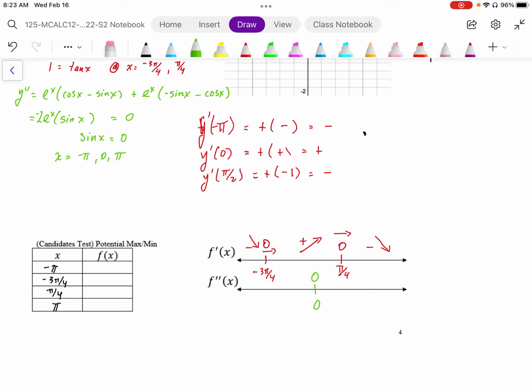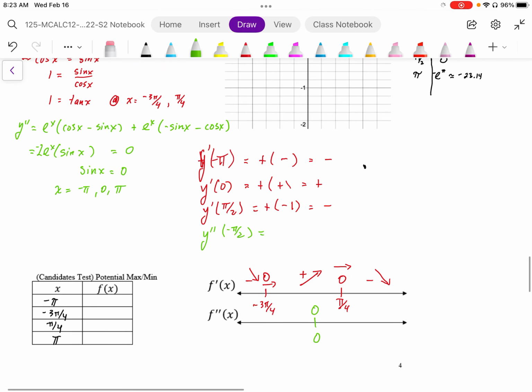Testing my concavity with the second derivative, let's try negative pi over 2. When I plug negative pi over 2 into my second derivative, e is always positive, so I get negative 2 times e, and sine of x at negative pi over 2 is negative, so I end up with positive concavity here. My slope chart confirms that this is true.